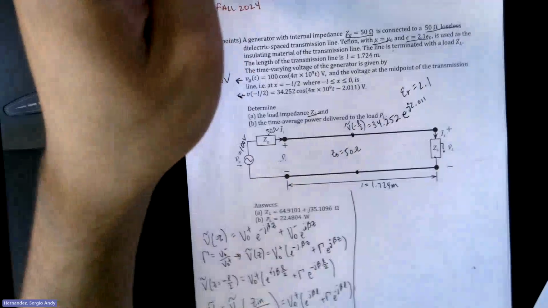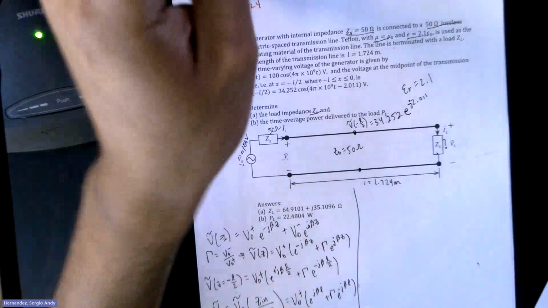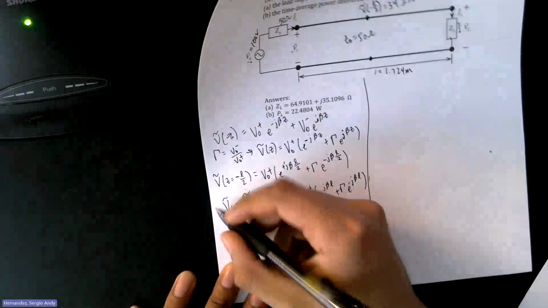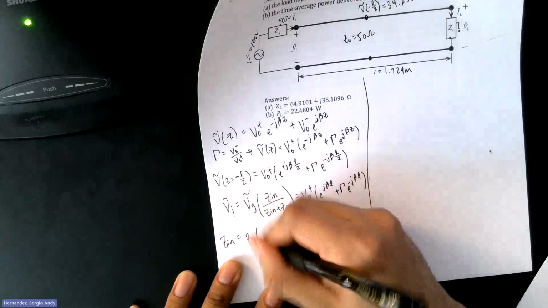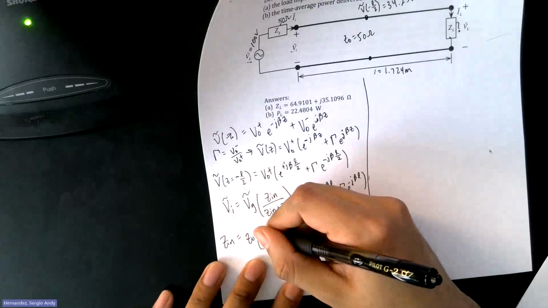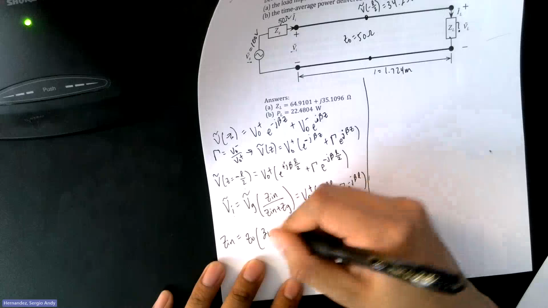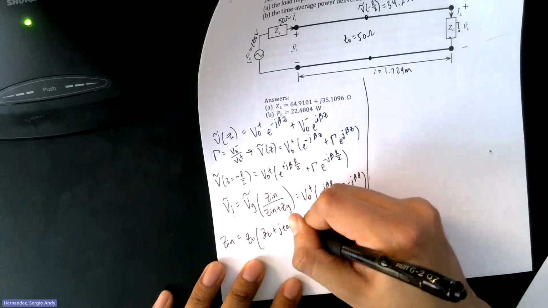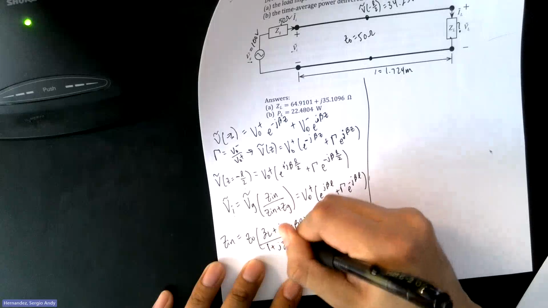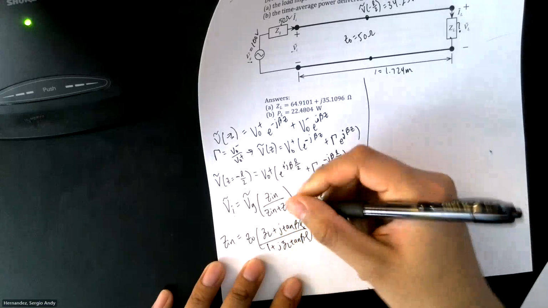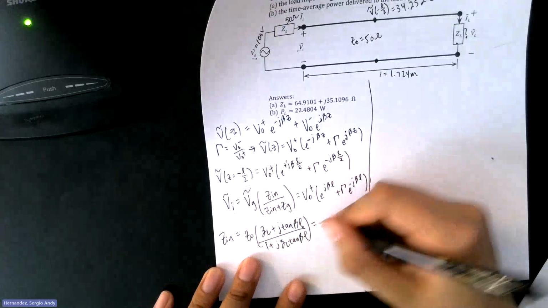Just start looking at your Z in equations. So E in means the out, and means the L. Alright, so Z in equals Z naught (1 plus gamma e to the negative 2j beta L)... Alright, it's also equal to something else.